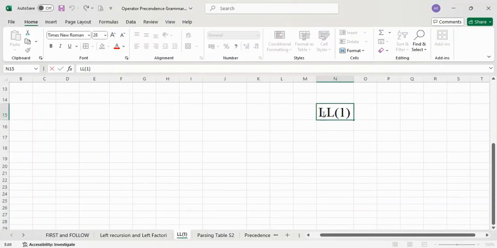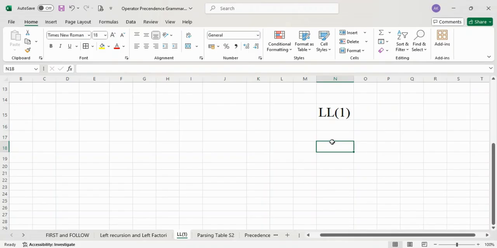LL1 parser. The first L stands for scanning the string from left to right. The second L stands for leftmost derivation. This is the second differentiating point between top-down and bottom-up parsing. The first differentiating point, as I said, is top-down parsing will be creating a tree starting from root going to the leaves, whereas bottom-up parsing will start creating parse tree from leaves and it will go to the root.